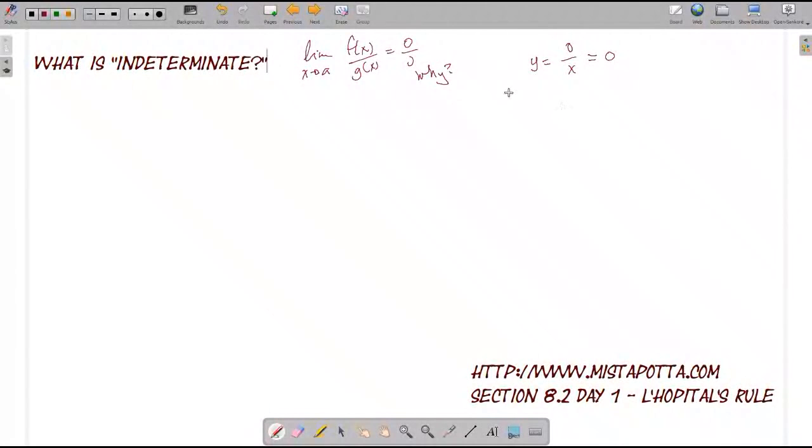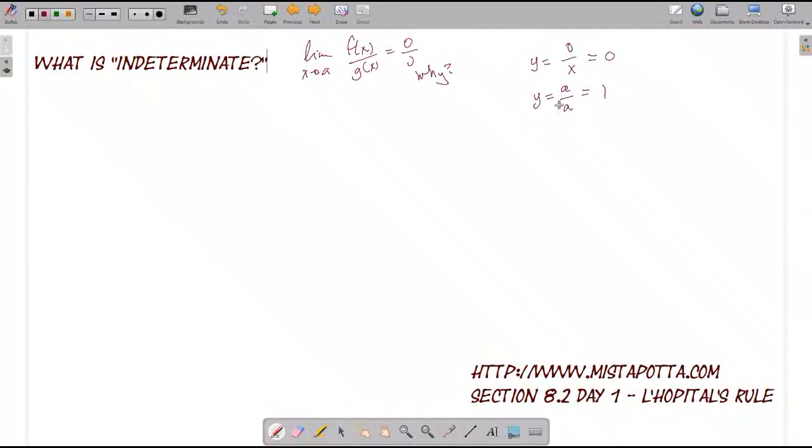But I also know that if I'm dealing with y equals a over a, any number over itself should be 1, because the terms would divide out. And so I could say that I'm traveling along this path to get to 0 over 0, in which case I should have a constant value of 0.